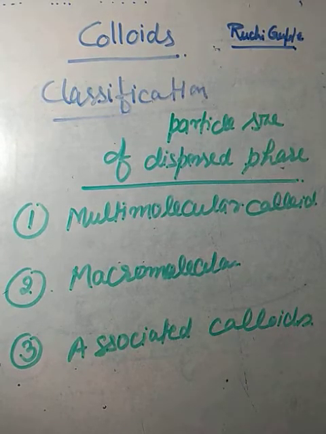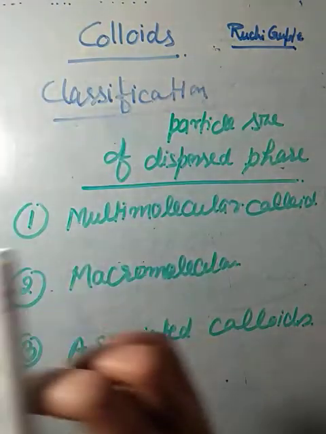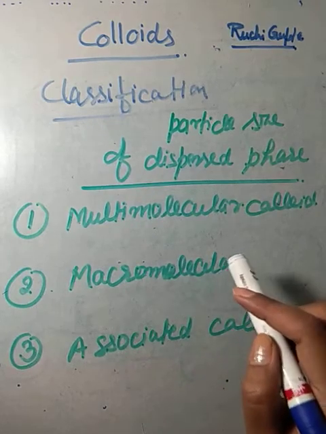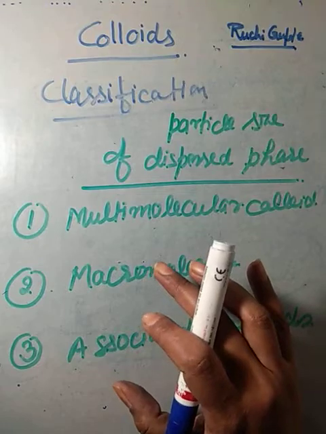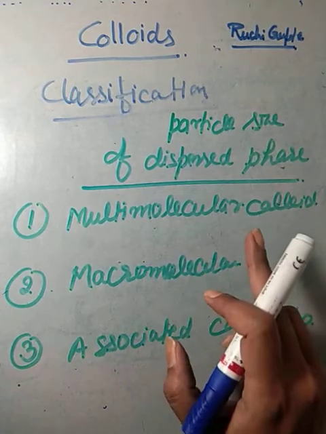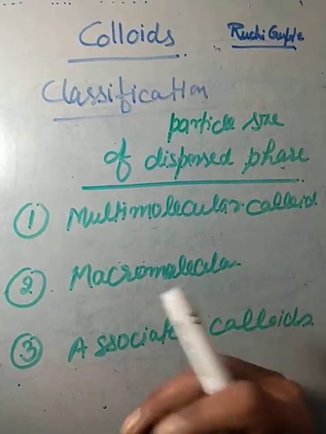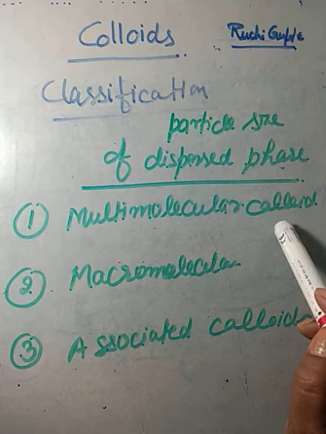Right. Now what are the multimolecular colloids? When on dispersion of a substance in a dispersion medium, a large number of atoms or smaller molecules of a substance with diameter less than 1 nm aggregate together to form colloidal size particles, then it is called multimolecular colloid.